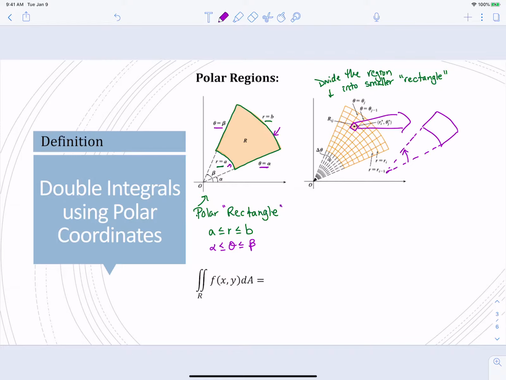And it's going to have some sort of change in our angle, some sort of delta theta. And this little bit is going to be our change in our radius, right? Like we're used to how big we made those radius slices, same with how big we made our little angular slices.